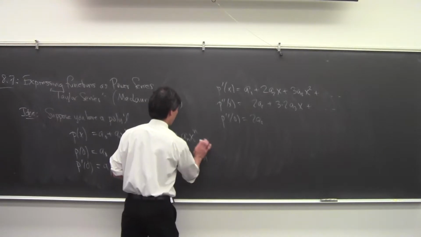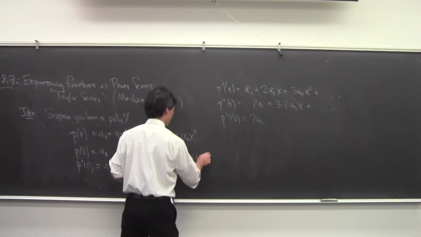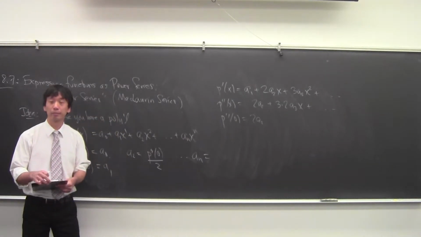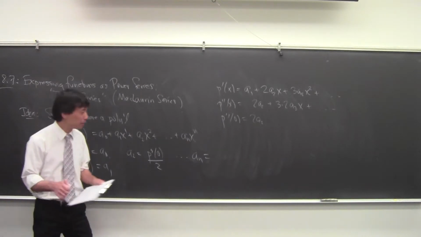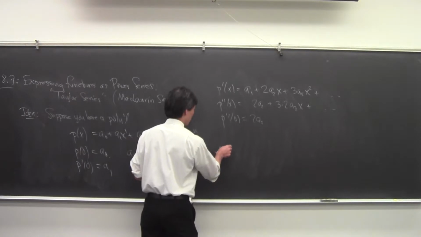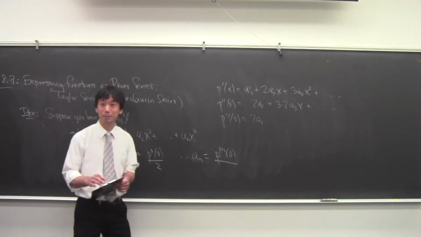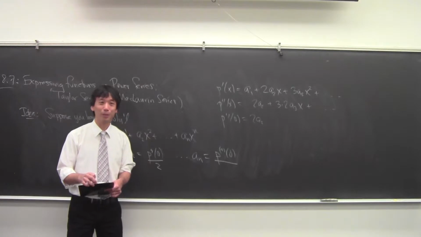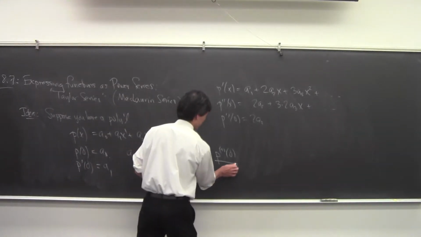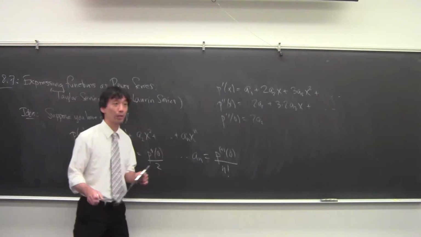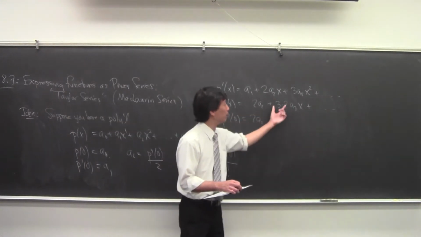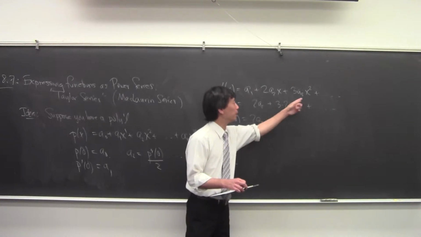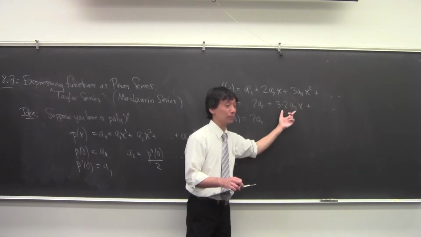What is my nth coefficient? What do I need to do to get my nth coefficient? The nth derivative over what? Not n? n factorial. Over n factorial, because every time we take the derivative, we're multiplying by the exponent and bringing the exponent down.